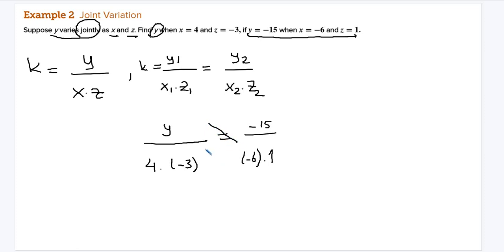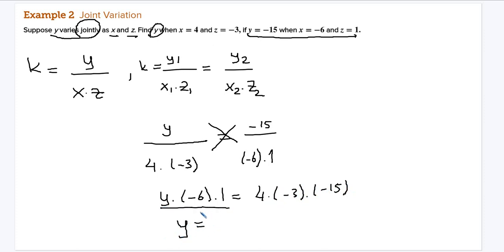Cross multiply will work. Y times -6 times 1 should be equal to 4 times -3 times -15 here. And divide both sides by -6 times 1, or the other way to say, -6. That will be it. 4 times -3 times -15 over -6.